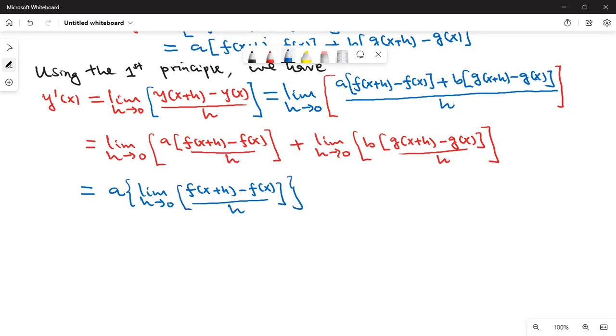So that's the first one. Here again you factor out b. b times the limit as h approaches 0 of g of x plus h minus g of x, everything over h.